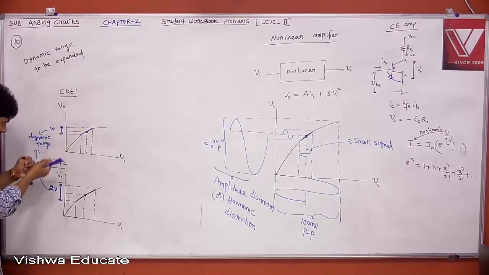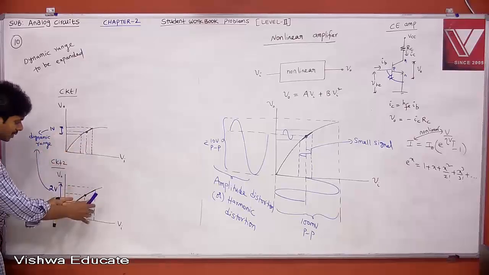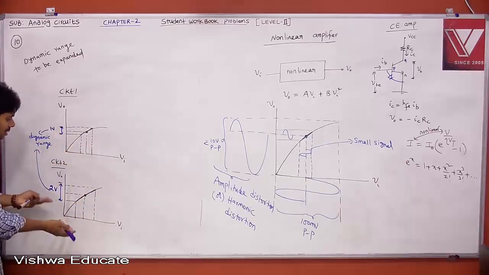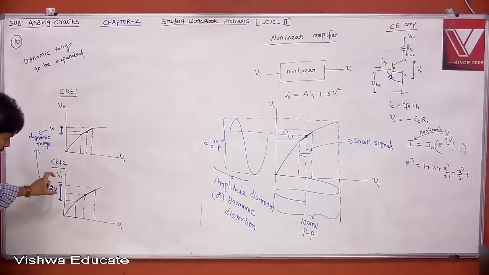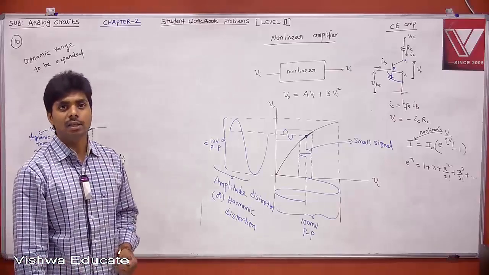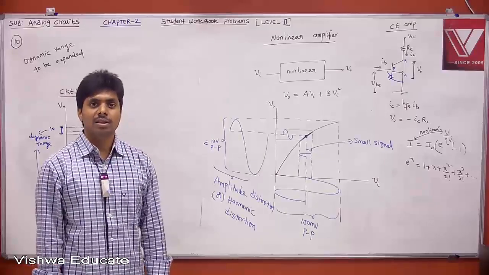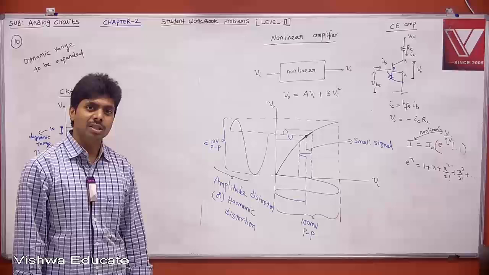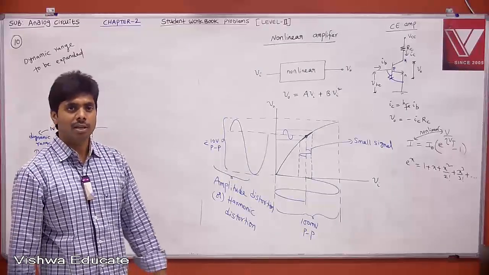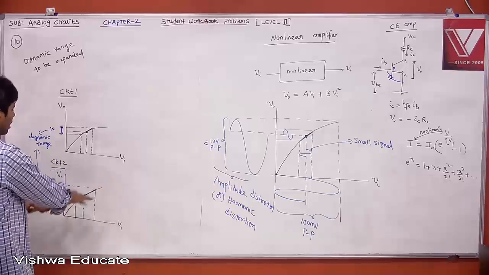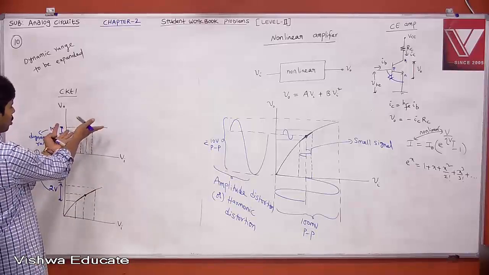But if you increase the dynamic range, then for the same set of signals the harmonic distortion will be lesser. The dynamic range is the voltage range in which your system will have linearity. The system which has more dynamic range will have lesser harmonic distortion. That is expected because the slopes are somewhat better. It is close to linear, but the other is completely non-linear.